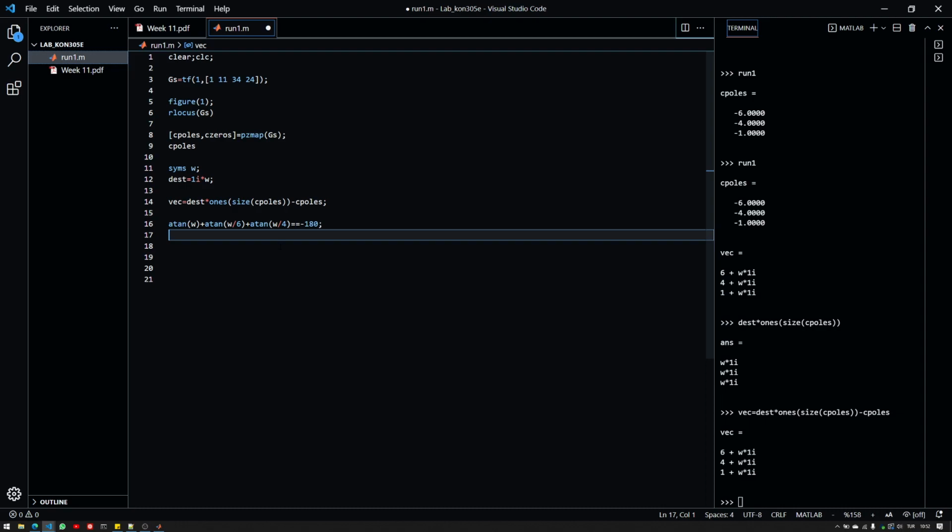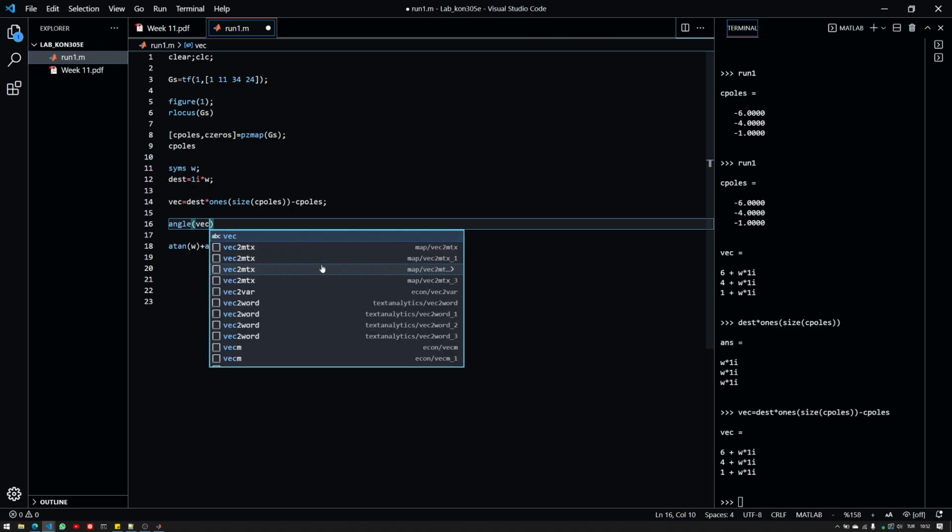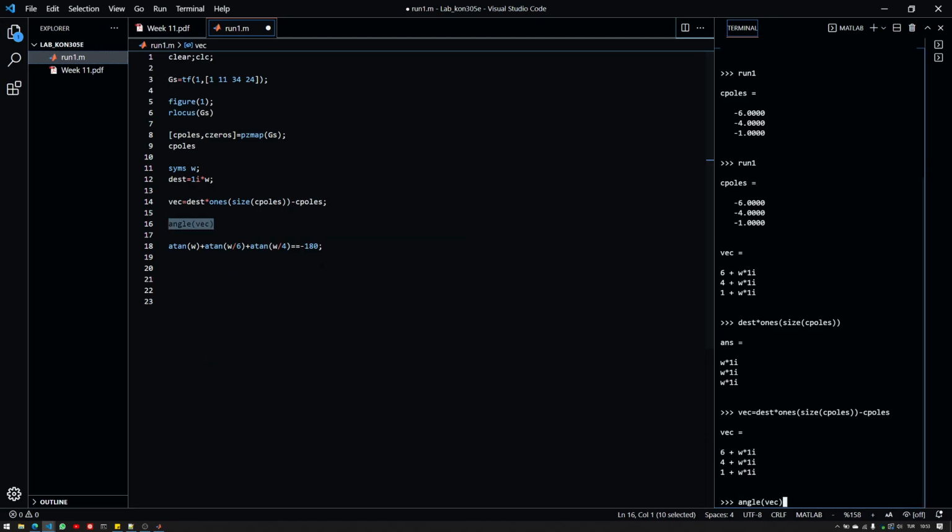So, can we calculate this using, for example, the vector here? Practically, we could try the angle function, and it gives us the same here. You can see that a tan 2. The reason why it is using 2 is, I guess, because of the 4 quadrants a tan.